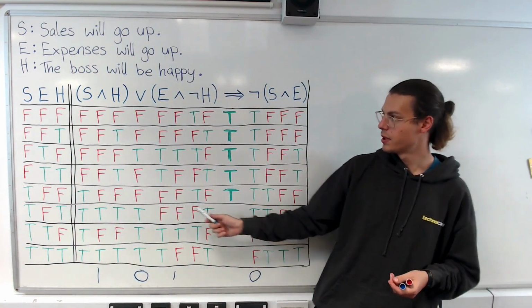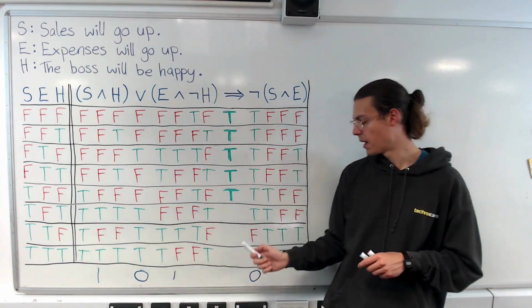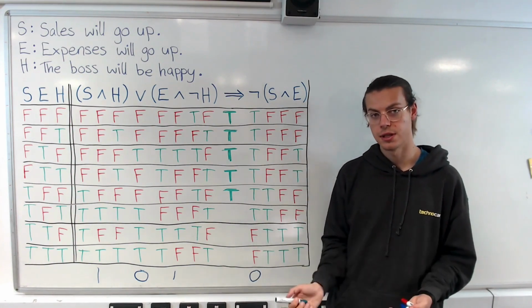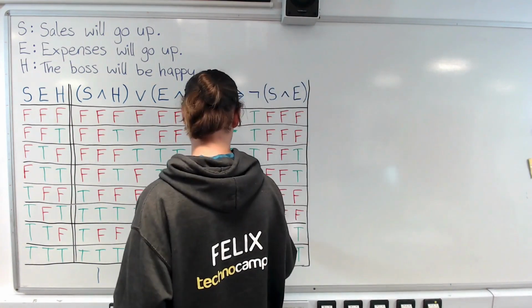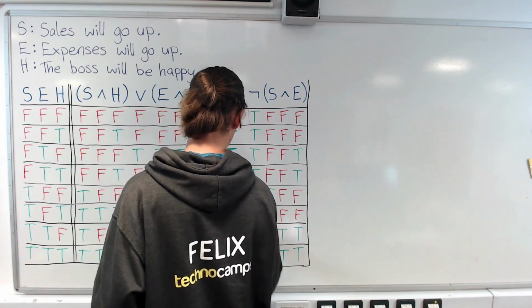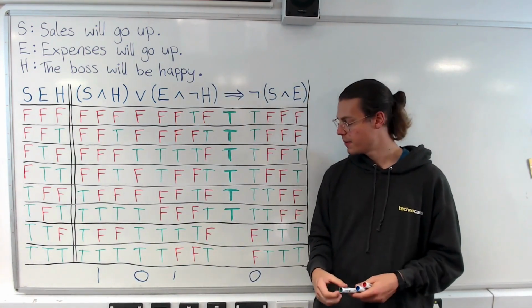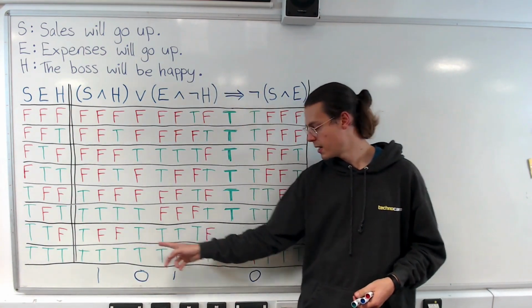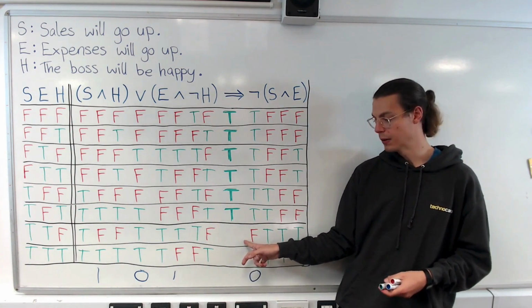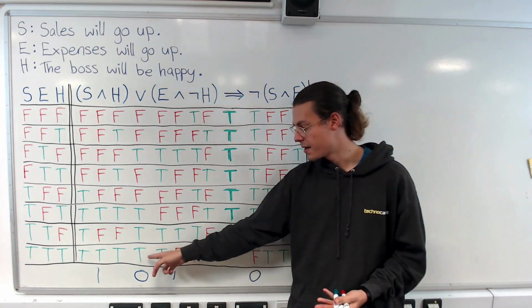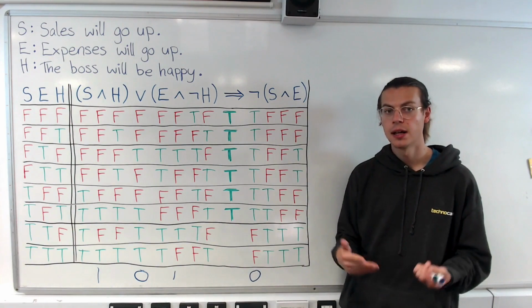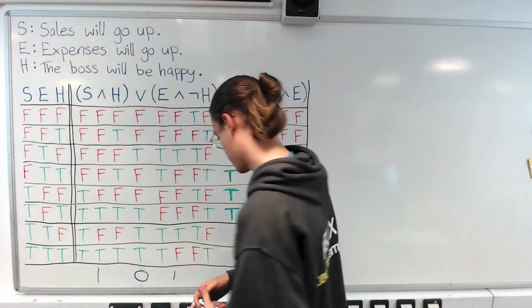Next we have true implies true, which is true. And finally we have true implies false, which is false. And again, true implies false. Both of these are false.